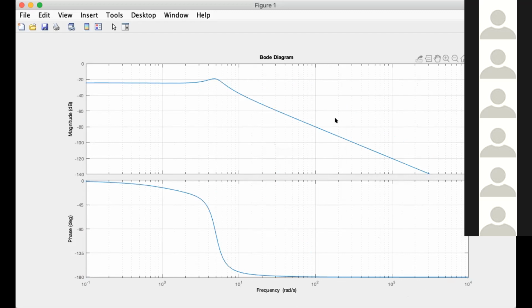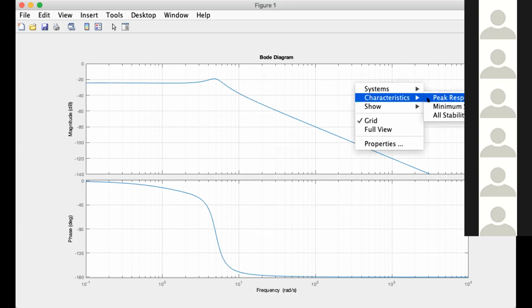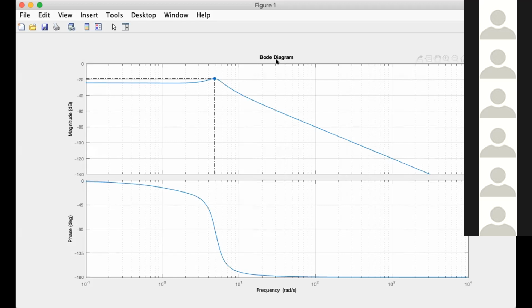So you can see here the characteristics of this Bode plot by looking at the peak response. There you go. That is the peak response. The value is minus 19.1 dB at 4.8 radian per second.